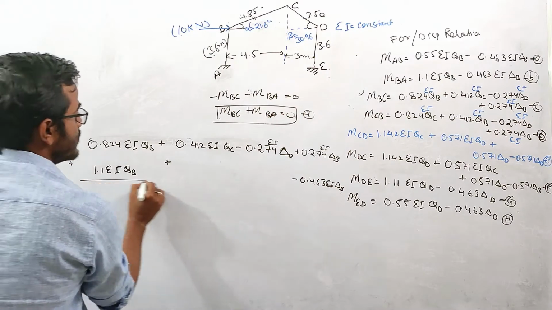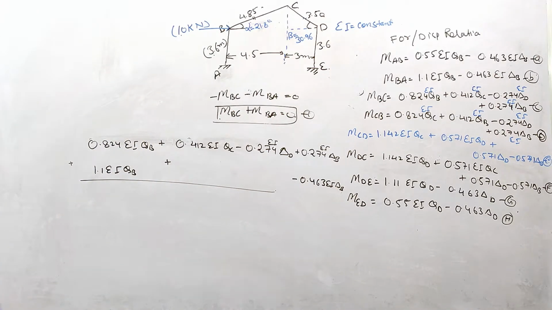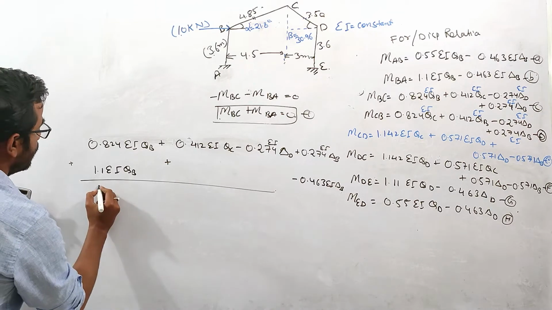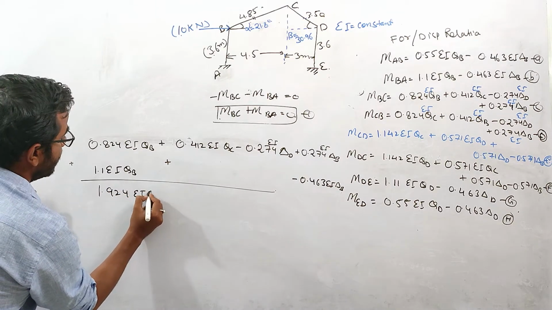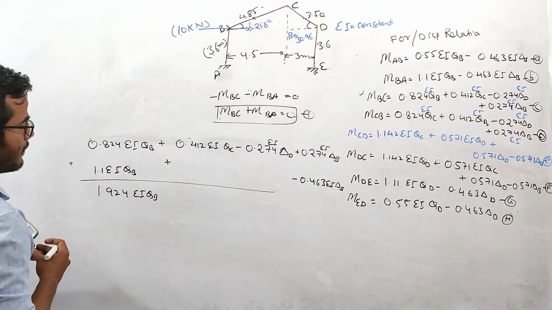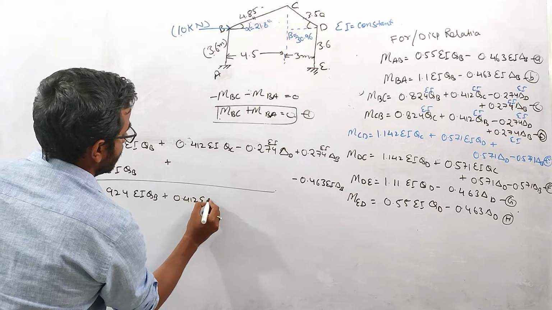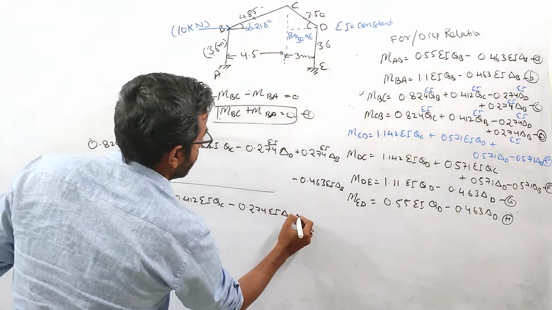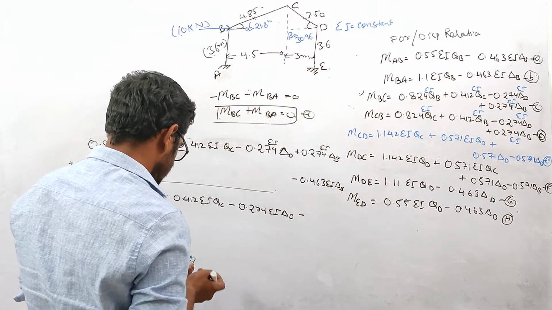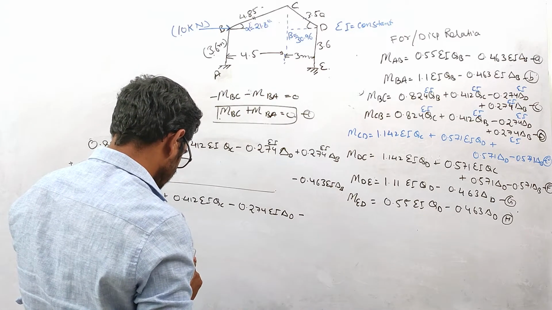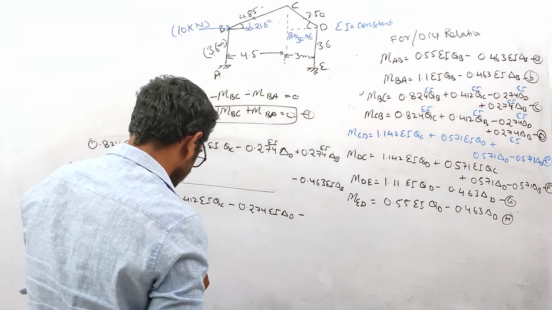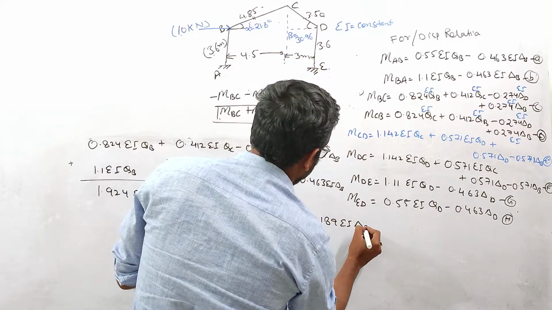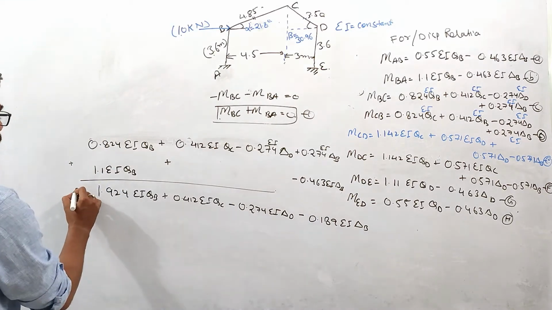So we need to add these two equations. So the value will be 0.824 plus 1.1, this is 1.924 EI theta B plus 0.412 EI theta C minus 0.274 EI delta D. And this will be minus 0.463 plus 0.274, so this value is minus 0.189 EI delta B. So this is our first equation.